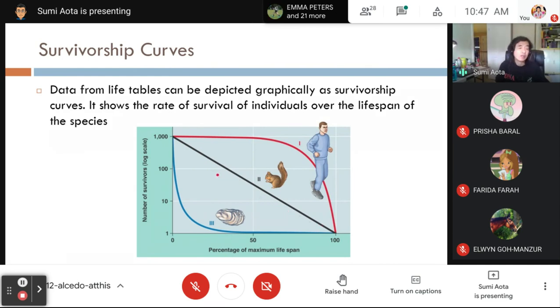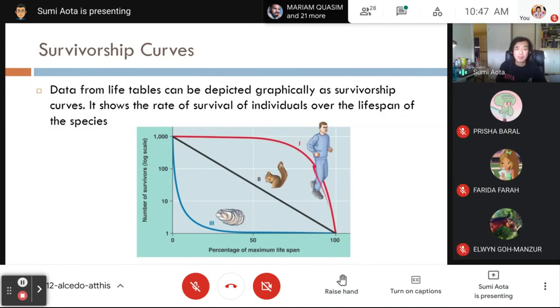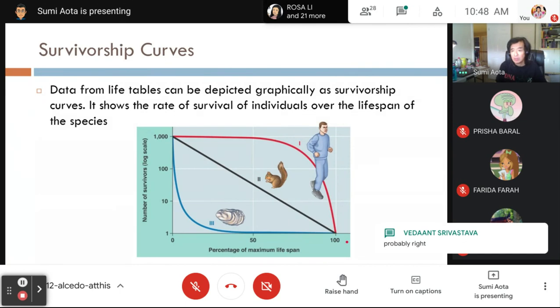And then you have organisms like us, which are type 1. The survivorship of our infants is usually pretty high. There are very few babies that die if you follow a type 1 survivorship curve. So everyone has children that, for the most part, survive. Death rate increases towards the end of life. As people reach the maximum lifespan on a type 1 curve, that's when numbers of individuals start to decline.